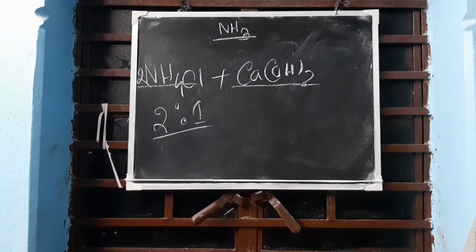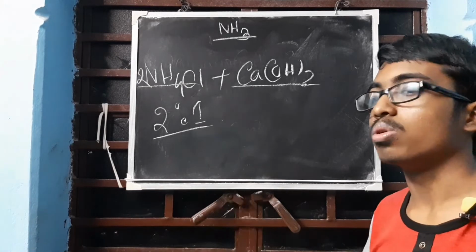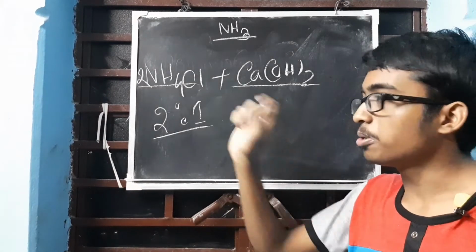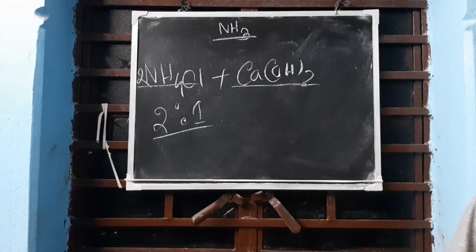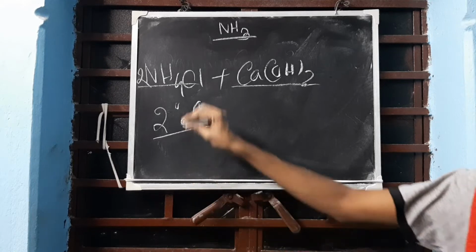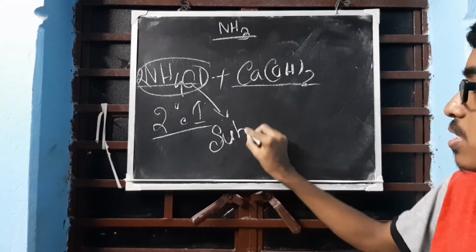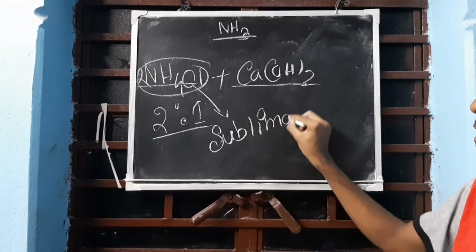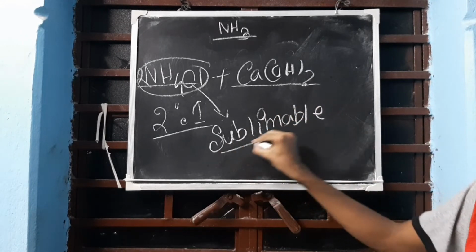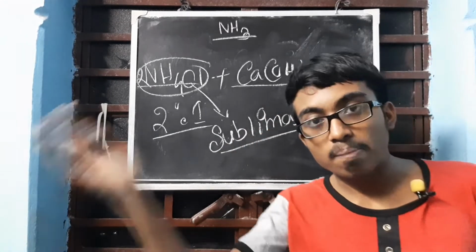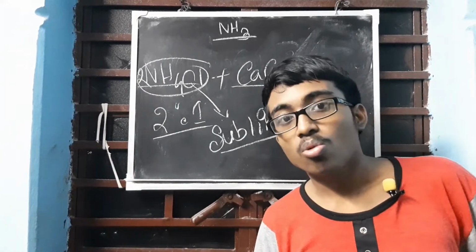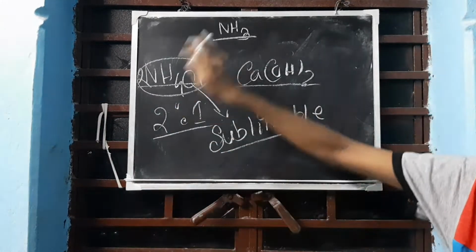But in reality, this part is more. Why? NH4Cl is what type of substance? A sublimable substance. And a sublimable substance will sublime. If it sublimes, do we need that? No, we do not need it to sublime, because if it sublimes it will form something different.